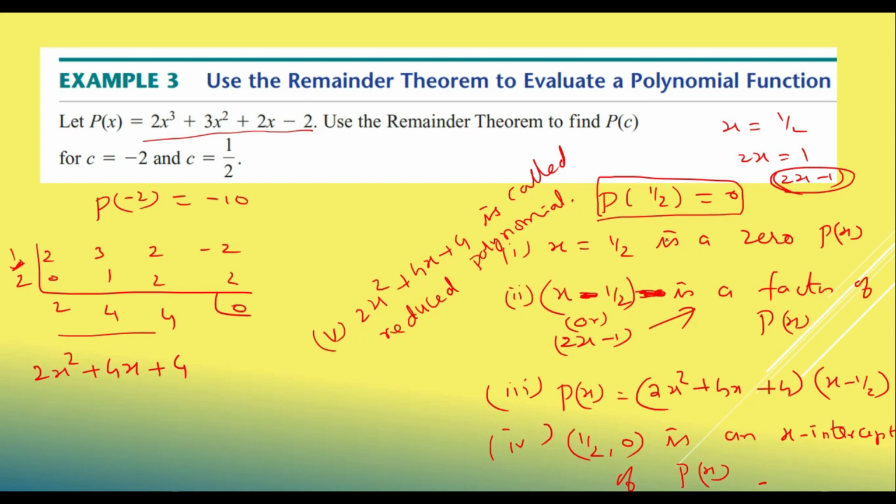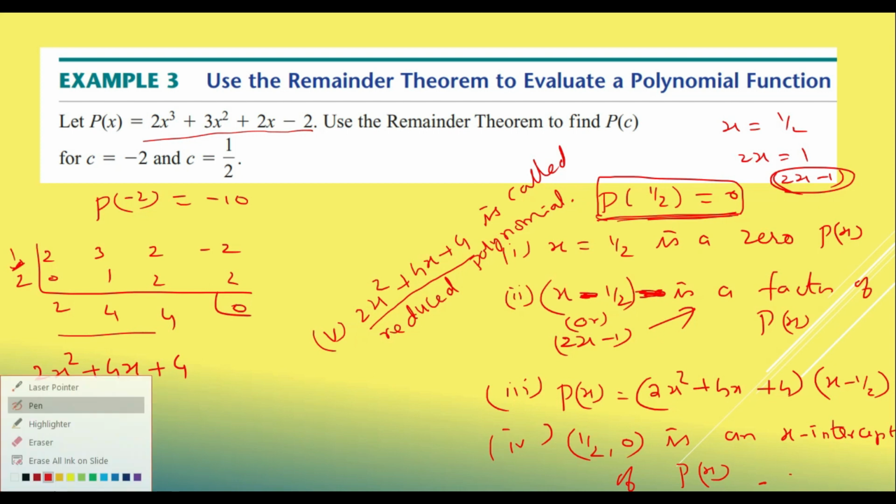And including this p of half is 0, there are many points we can write. When the remainder is 0, these are equivalent statements. So you get a reduced polynomial from the quotient, and the multiplication of the divisor with the quotient in the reduced polynomial will give you the original polynomial, and the x-intercept and factor, 0, all are true for the statement P of C is 0.